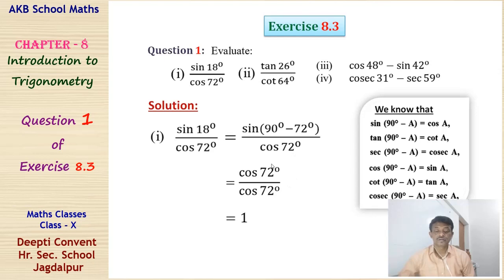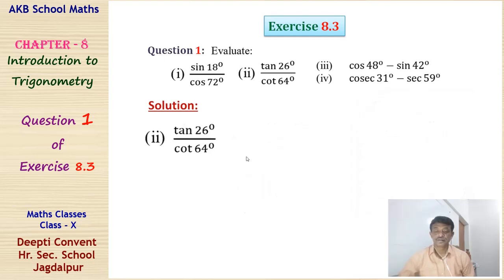Similarly, the second question: tan 26 upon cot 64. You can see here 90 minus 64 is 26. Tan(90 minus 64) can be written as tan 26. Vice versa, you can also write cot 64 as cot(90 minus 26).